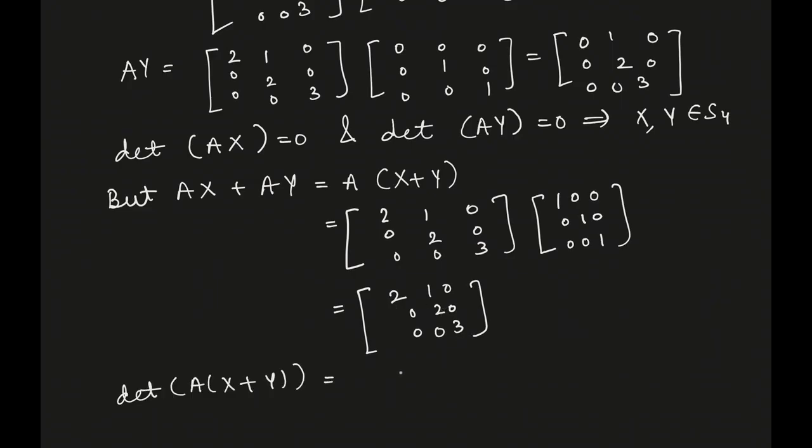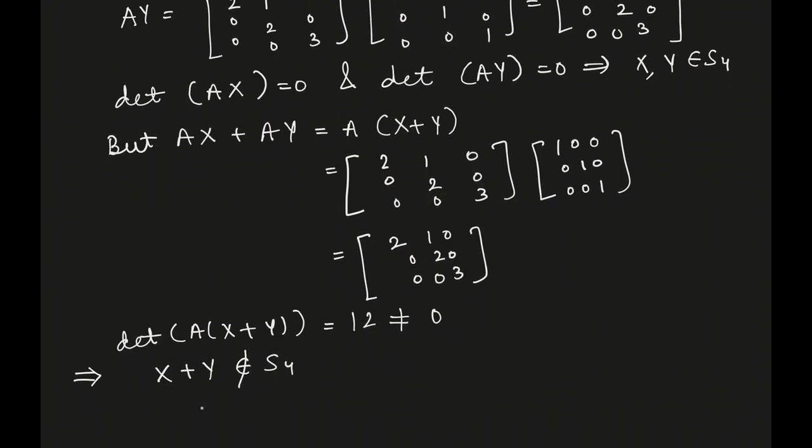2 into... Is it 12? 12, sorry. Non-zero means X plus Y does not belong to S4. Closure property fails.